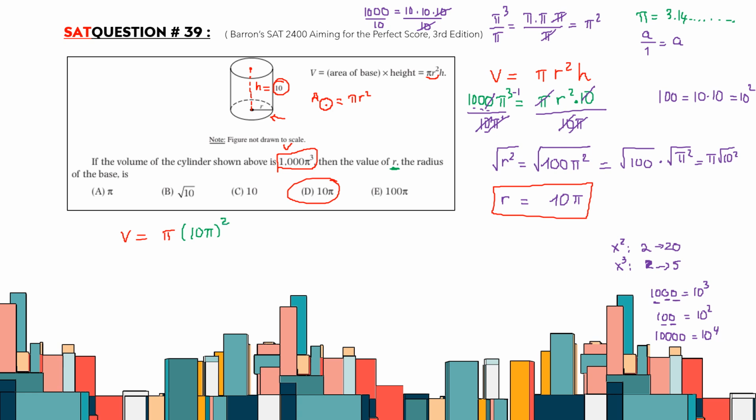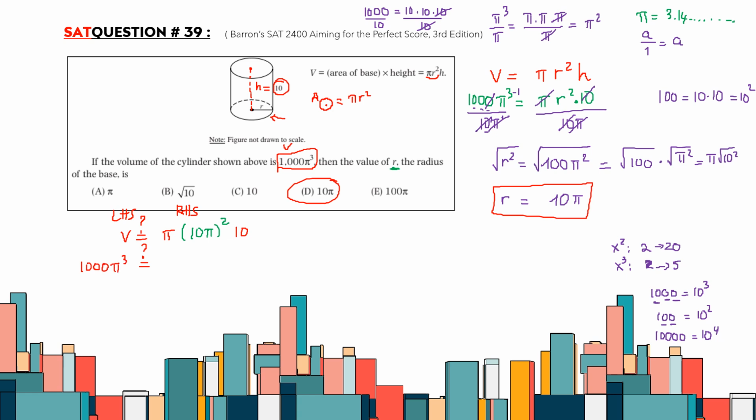That's the whole thing squared, right? Because r equals 10 pi, so r squared is (10 pi) squared. Then multiply by 10. We have to make sure that the right hand side equals the left hand side. The left hand side is given as 1000 pi cubed.